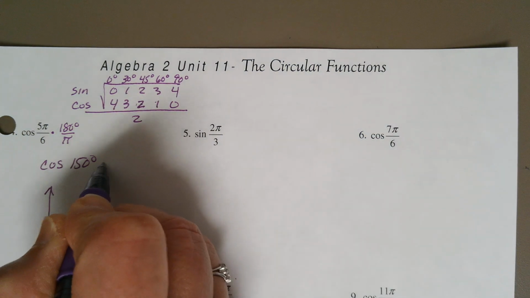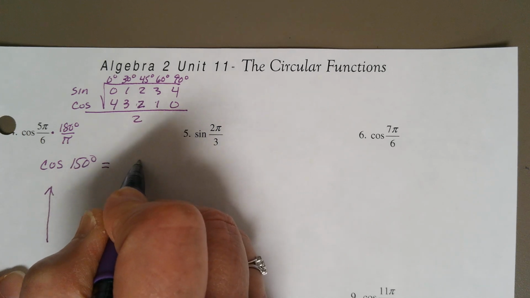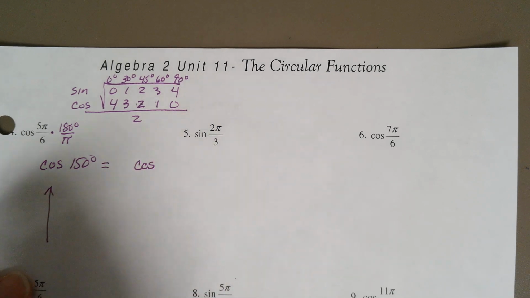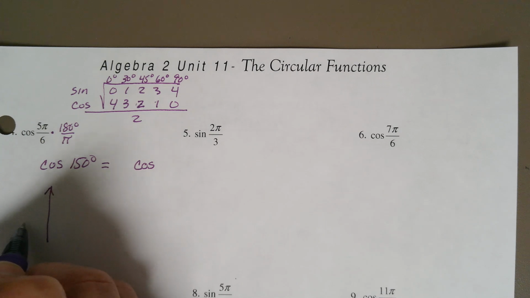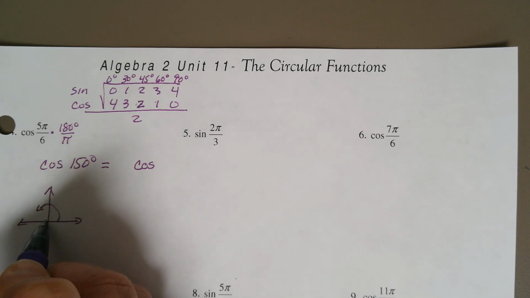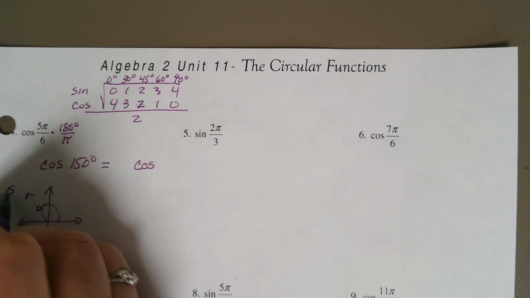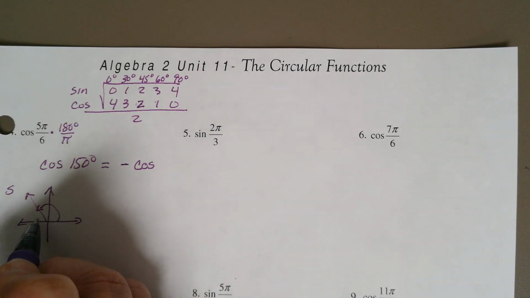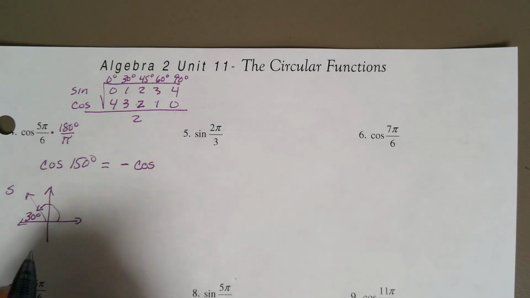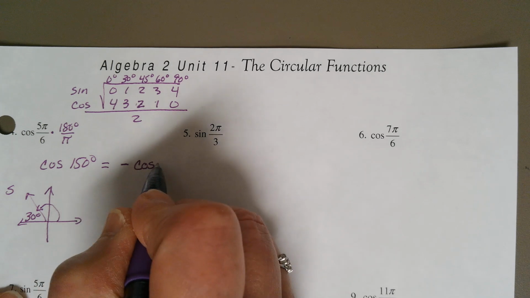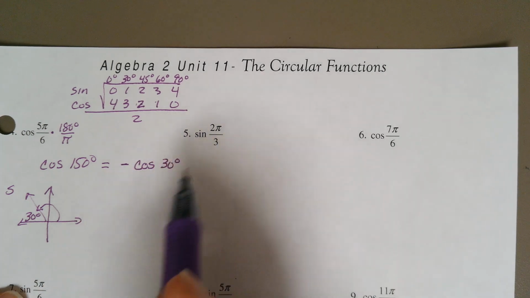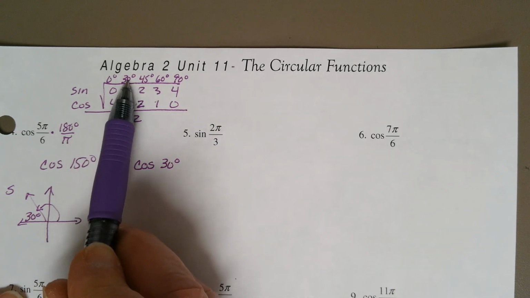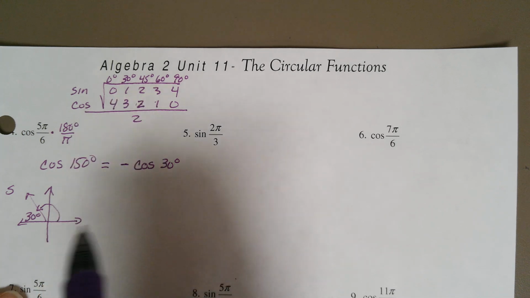So cosine of 150 degrees is going to equal positive or negative cosine of the reference angle. 150 degrees puts us in quadrant 2, where cosine is negative. Reference angle, 30 degrees. 150 plus 30 more would bring us to 180. So negative cosine 30 degrees. Cosine of 30 degrees is square root of 3 over 2.